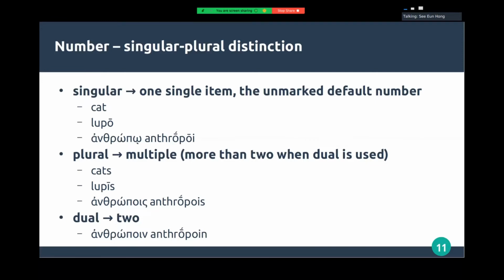But in classical Greek, the dual number isn't used that much, so plural still tells us that it's more than one. And there could be more numbers, such as quadral, which tells us that there are four things, or paucal, which tells us that there are not many things. But those are really rare and barely seen.